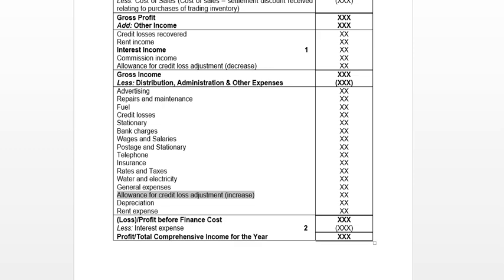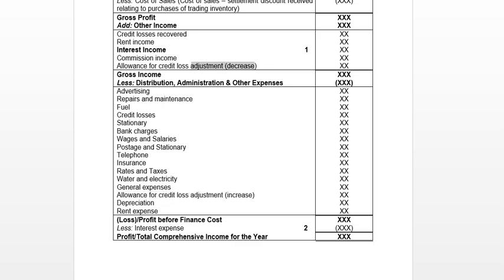For example, previous year our allowance for credit losses was 5,000 Rand. Now we calculate our allowance for credit losses for the current year and it's now 6,000 Rand. So it's more than what we expected it to be, so logically it will be an expense to you. That's why an increase in our allowance for credit loss adjustment will be an expense.